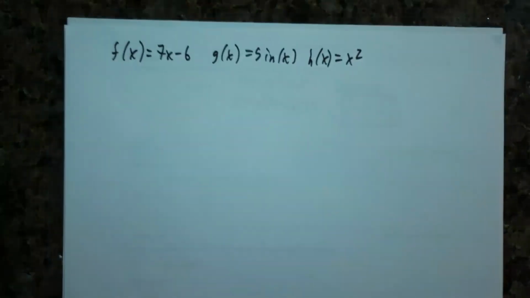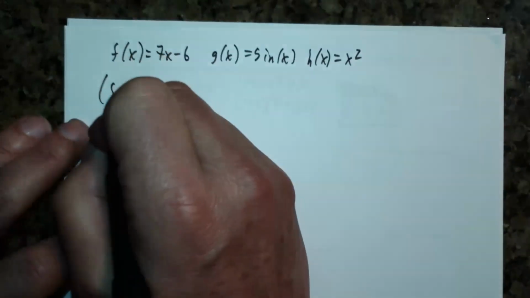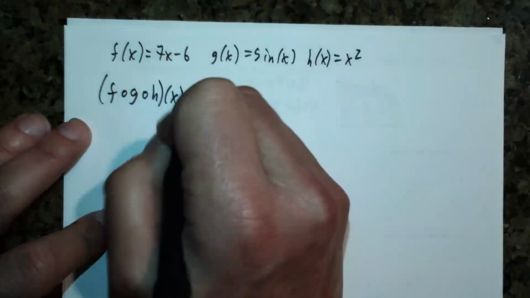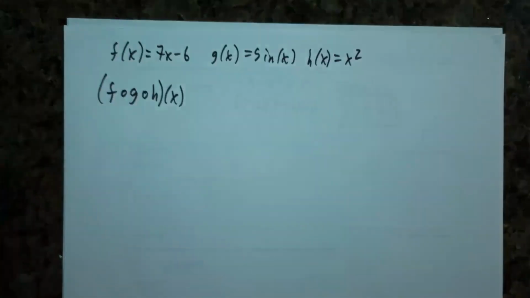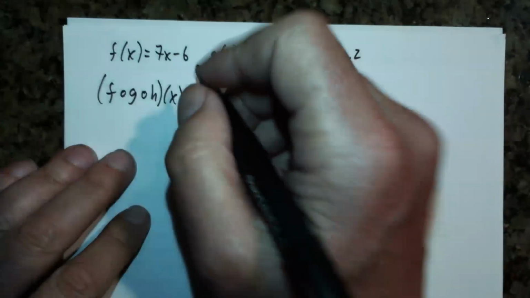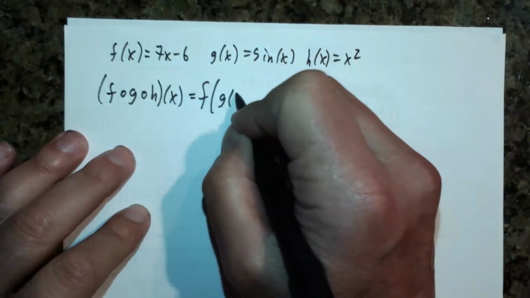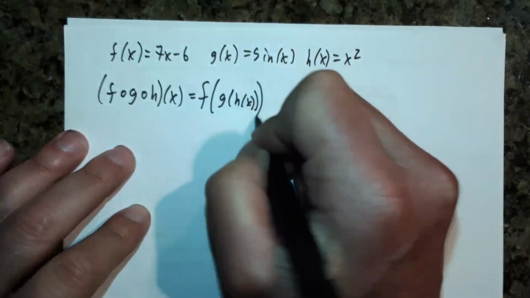And what we're going to do is find f composite g composite h of x. Usually we just do 2 of them, but we're doing 3 today. What this means is this is f of g of h of x.